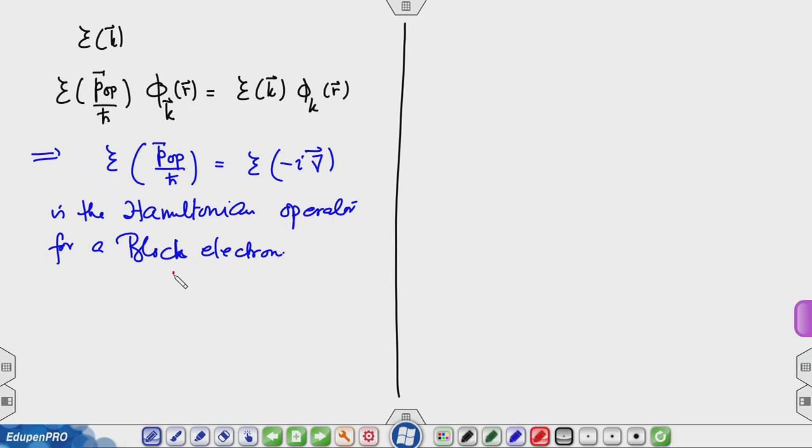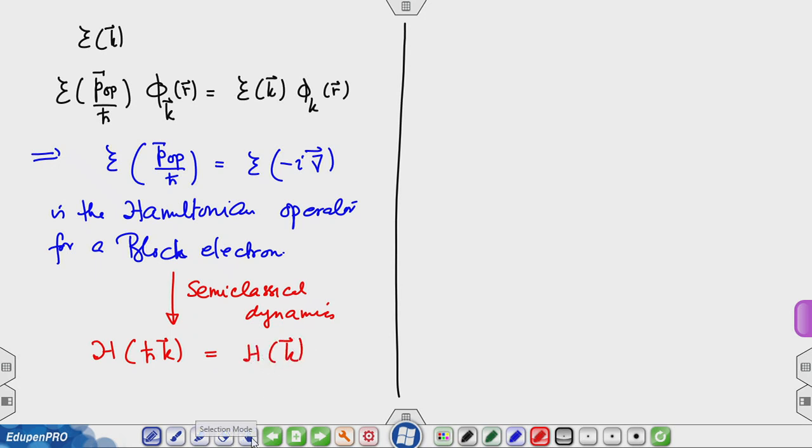And now, I will go over to semi-classical dynamics and call this Hamiltonian operator H cross k, or simply H k, where now k is not an operator, but H cross k is the momentum of the electron in the band.